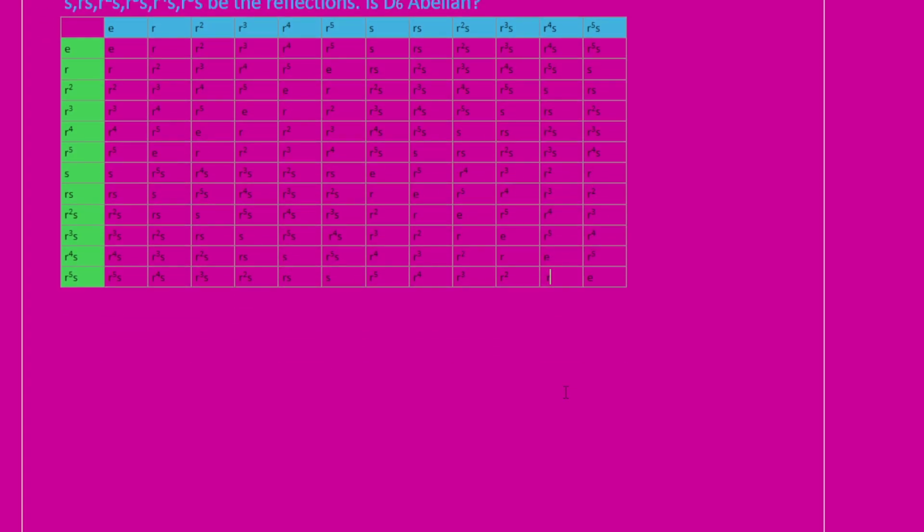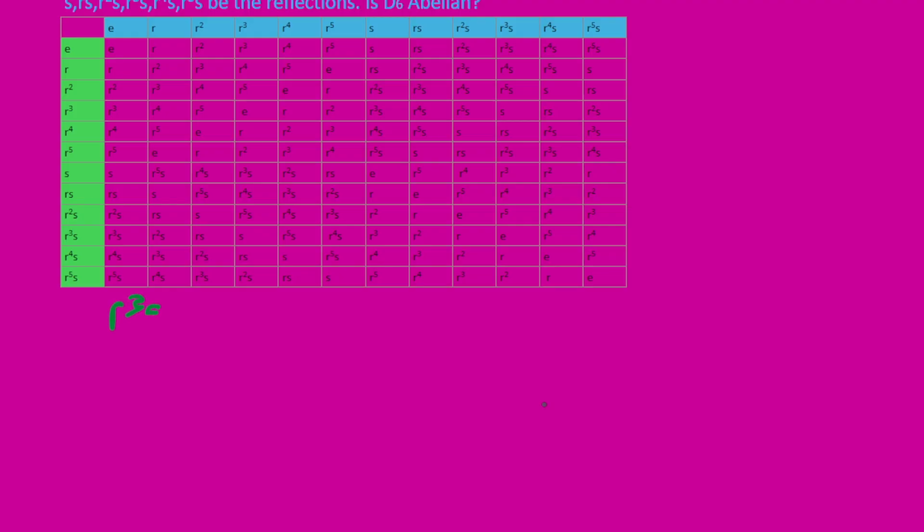To identify if the group is abelian, for every single element it must be commutative. So if we find a counterexample to this, then it is non-abelian, and there in fact is a counterexample that we can spot from this table.